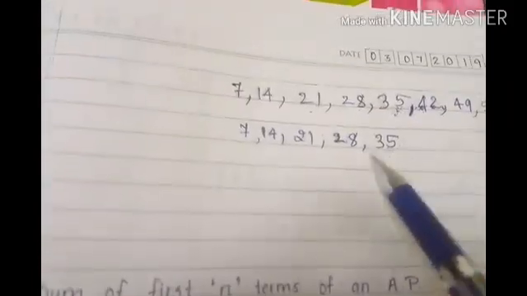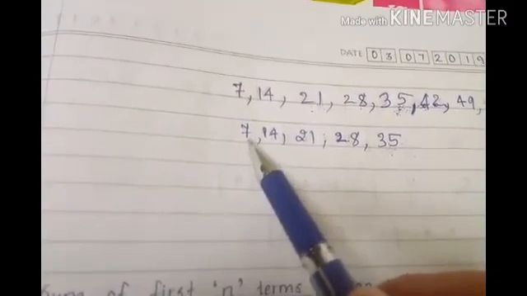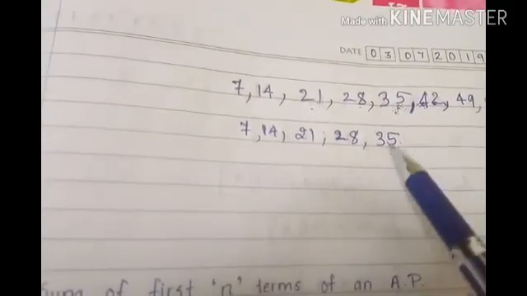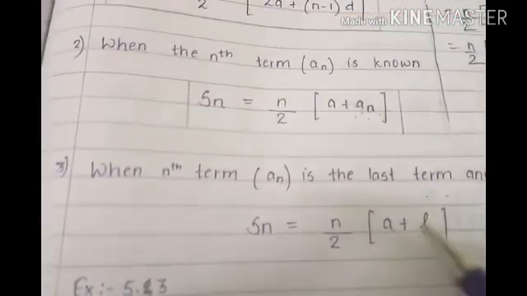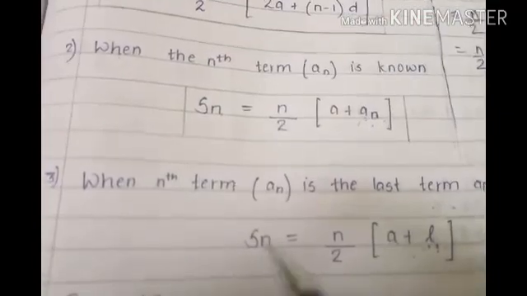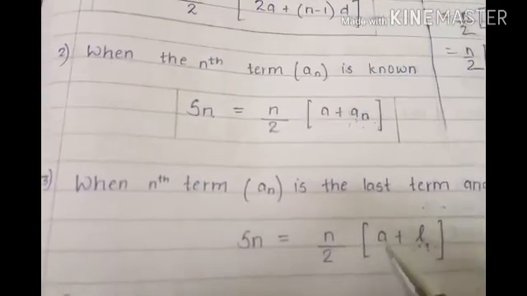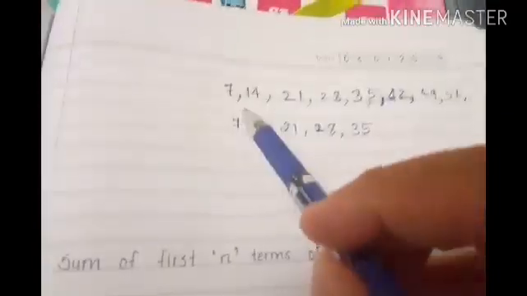So if in the question we are asked to find the sum of all these terms of the AP, we will say since the last term is known to us, we will use this formula n by 2. There are 5 terms, so S5 is equal to 5 upon 2 (a plus 35), where a is 7.